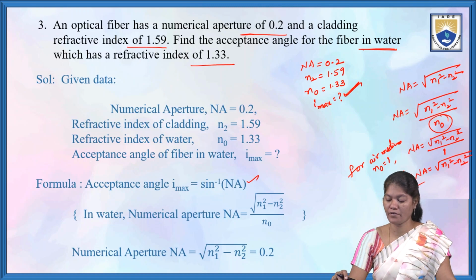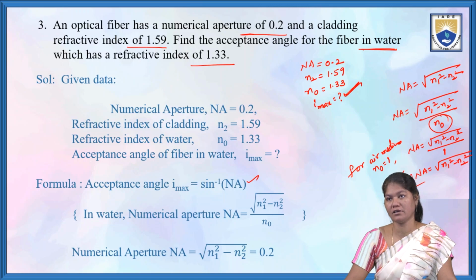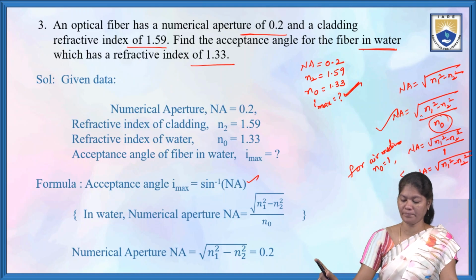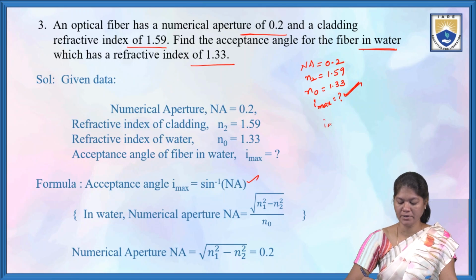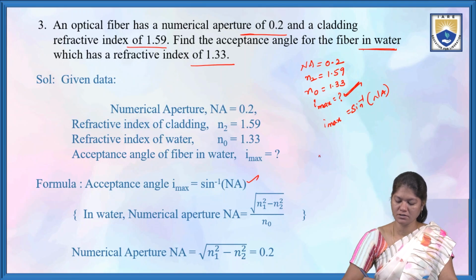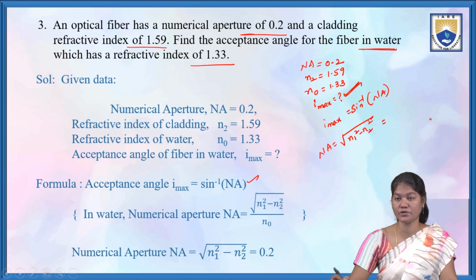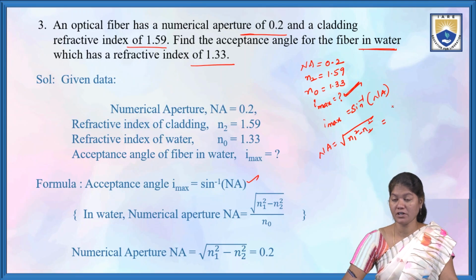So i maximum is equal to sine inverse of NA, where NA is root of N1 square minus N2 square for air.